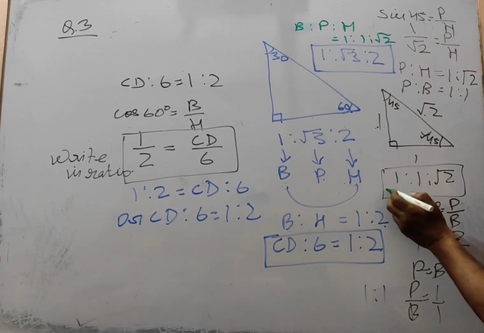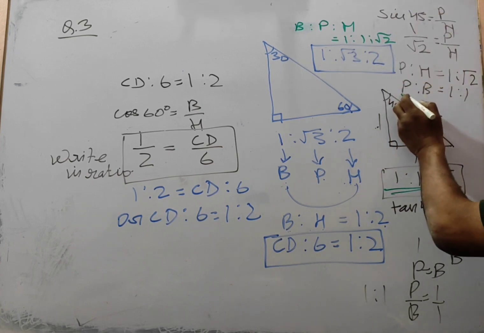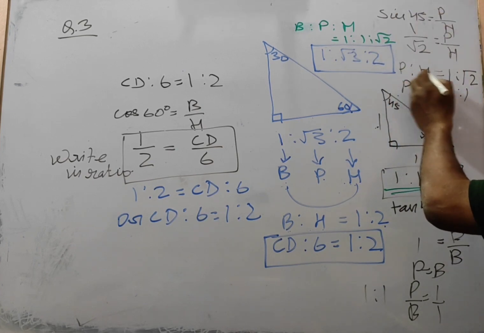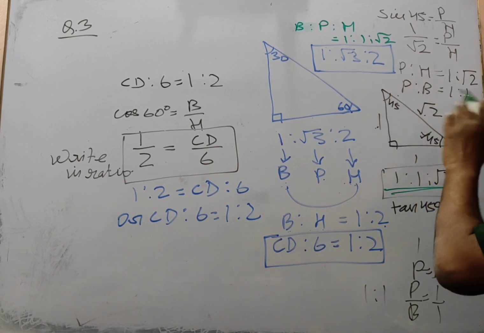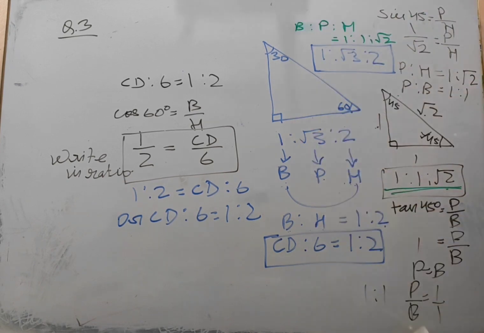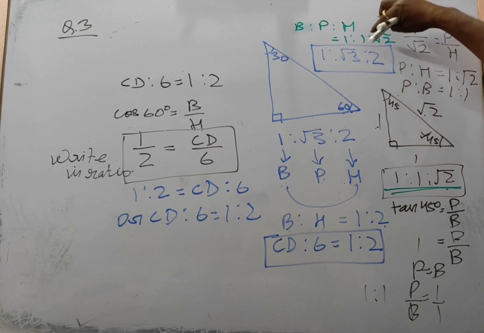This is how we get it by this method. By this method, we get the ratio between perpendicular upon hypotenuse, then we get the ratio between perpendicular and base, and then we combine. I hope we got it.